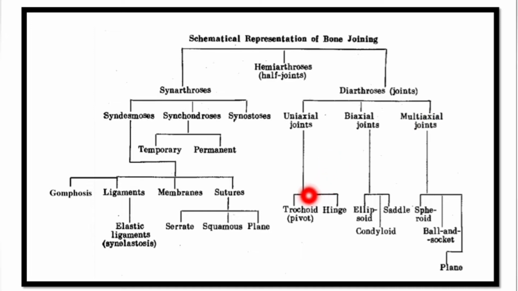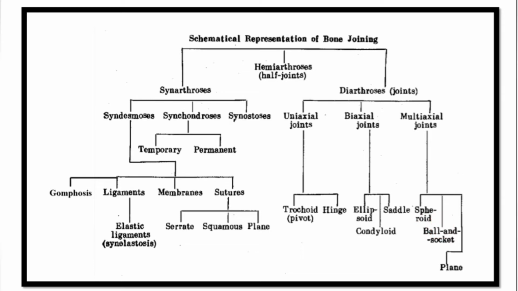Under uniaxial joints, we have trochoid joints, also known as pivot joints, hinge joints, and screw joints. Under biaxial joints, we have ellipsoid joints, condyloid joints, and saddle joints. Under multiaxial, we have spheroid joints, ball and socket joints, and plane joints.